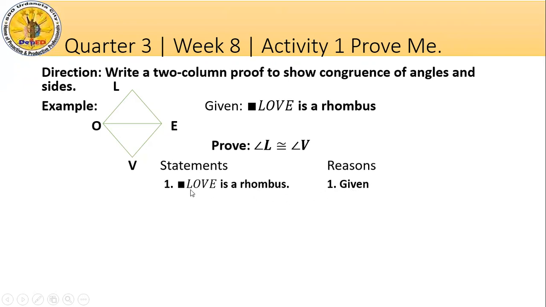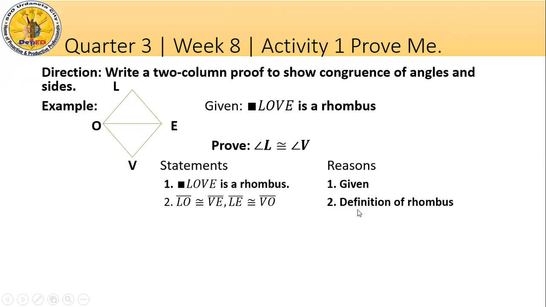Now, for the second statement, what will happen to quadrilateral LOVE if it is a rhombus? Your conclusion would be line segment LO is congruent to line segment VE, is congruent to line segment LE and line segment VO. Why?